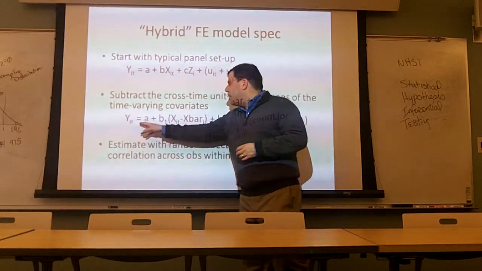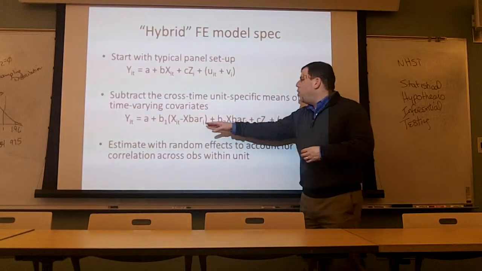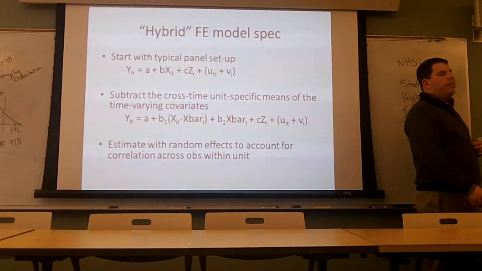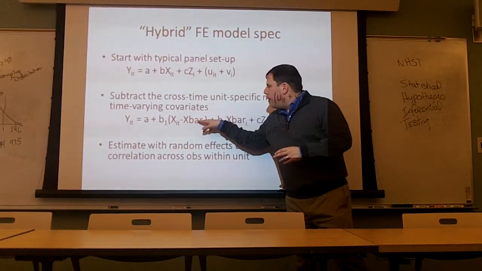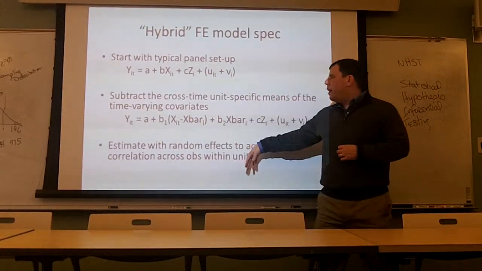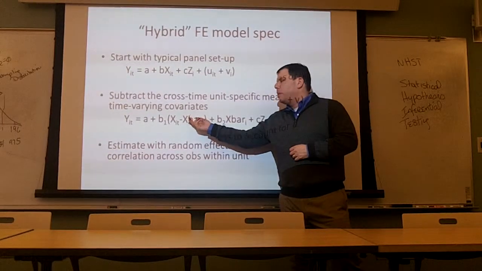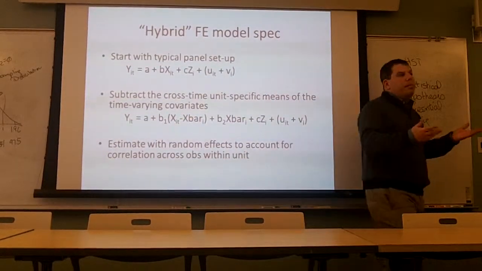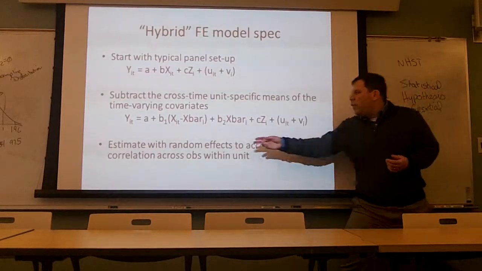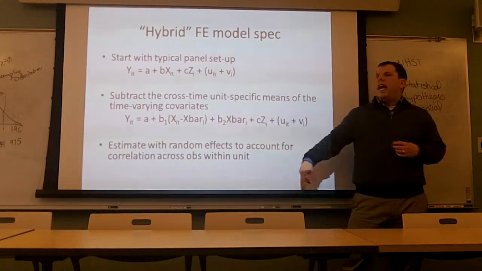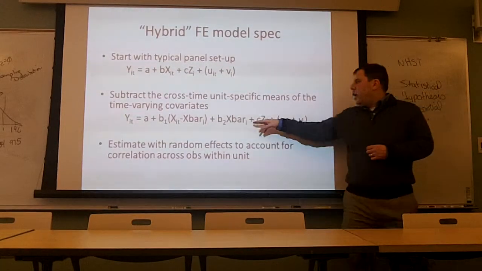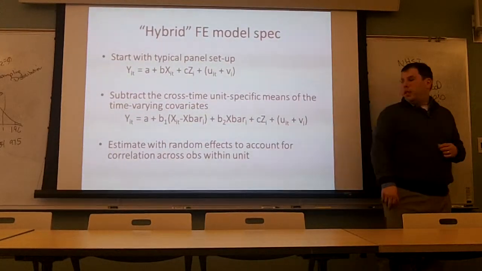We're modeling that as a function of, for the time-varying or unit-varying covariates, subtracting the mean, x bar sub i. If these are hospitals, then the hospital-specific mean from each observation at the patient level within the hospital, for each of these patient-varying characteristics, and then also adding the mean to the estimation equation.